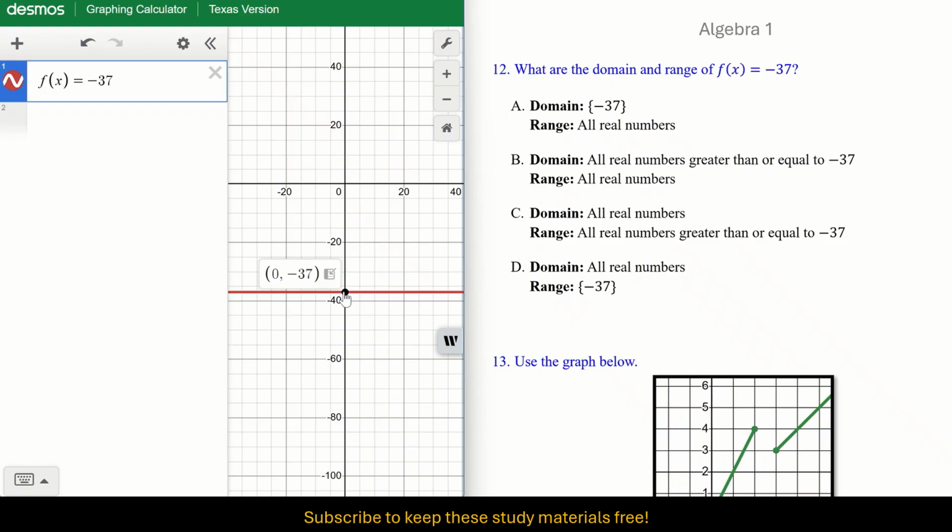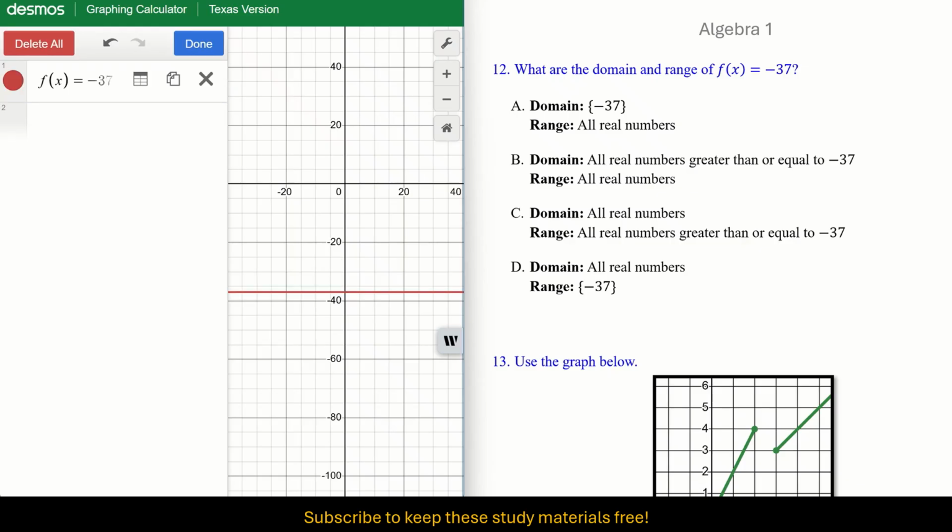Say you're a little shaky on domain and range. What does that mean? Well, remember, domain is the x values and range is the y values. Well, I only have one y value. Well, let's prove that with a table.